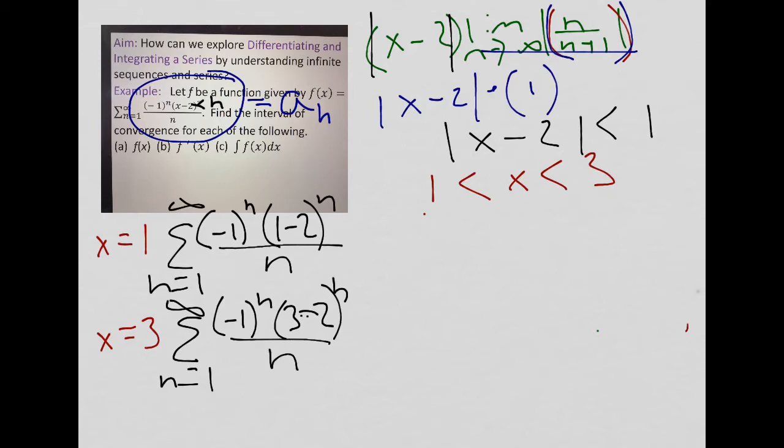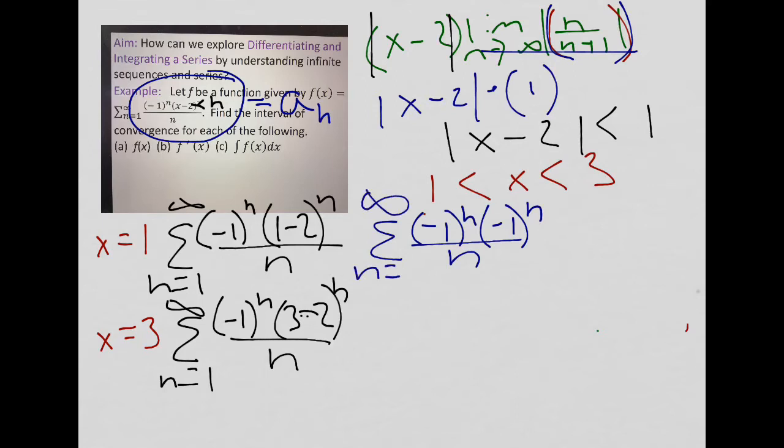Okay, so now if you take a look at our sum, this is really just the summation of 1 over n, because 1 to the nth power is still going to be 1 no matter what we plug into that.